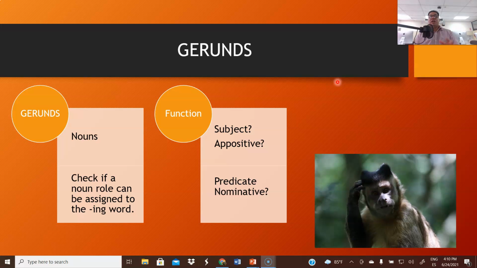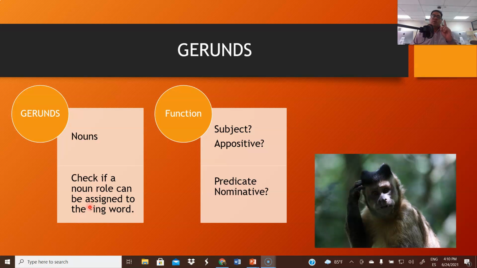Now, gerunds, in contrast with infinitives, can only be nouns. And just like with infinitives, in order to be sure that a gerund is acting as a noun, well, a gerund is always a noun, but you need to pay attention to the role that the ing word is performing.